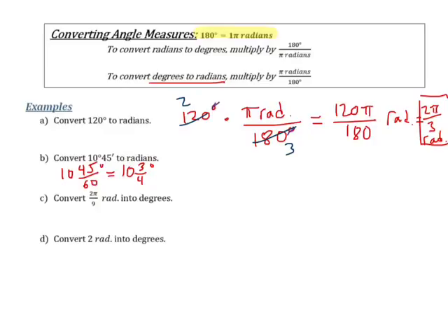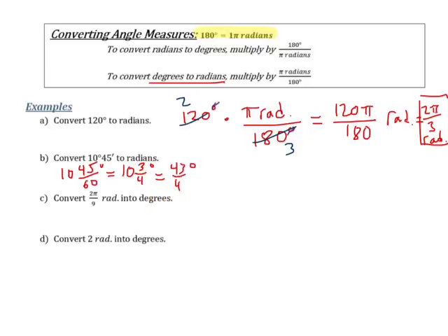Or actually, let's make this an improper fraction, and we're going to get 43/4 degrees. We could make this a decimal if it wasn't so nice a fraction, but let's go ahead and try this.